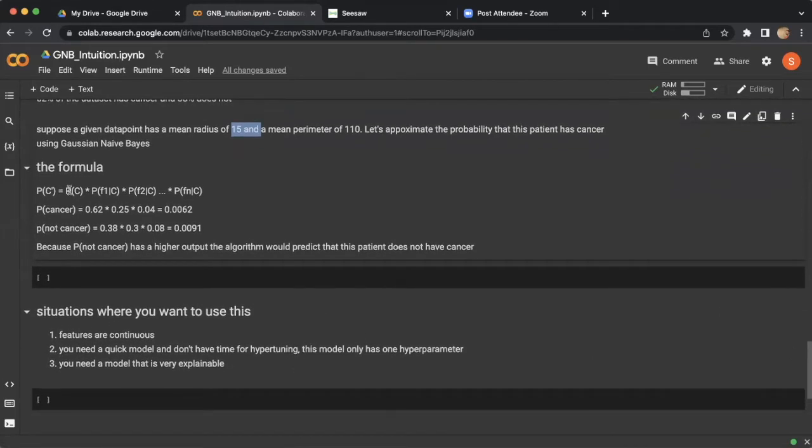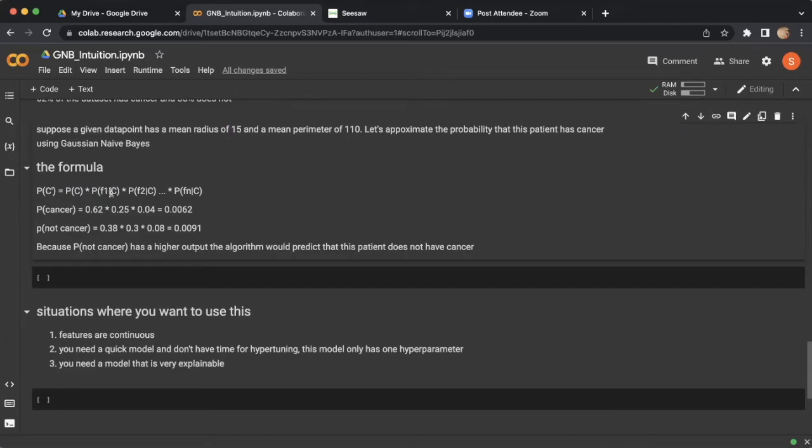The way this works is it's basically the probability of C, where C prime represents an individual data point. So the probability that the individual data point has cancer, or has the condition, whatever it is, is equal to the probability that they have cancer given the data set as a whole, multiplied by the probability that the data point has a certain value.